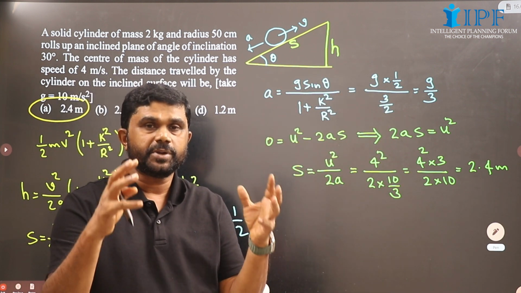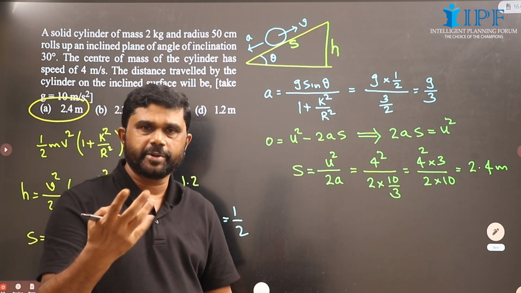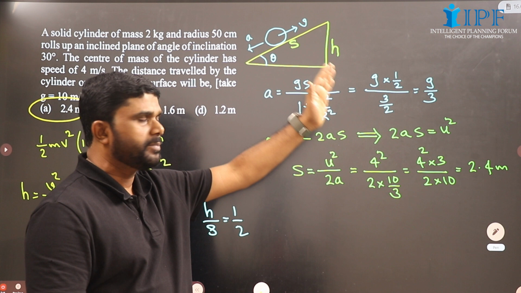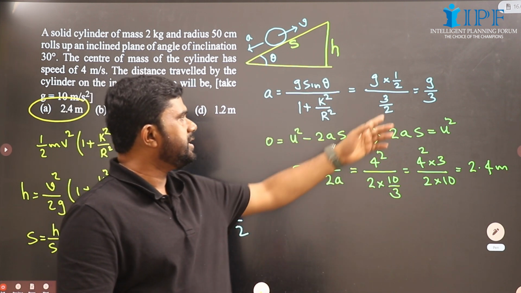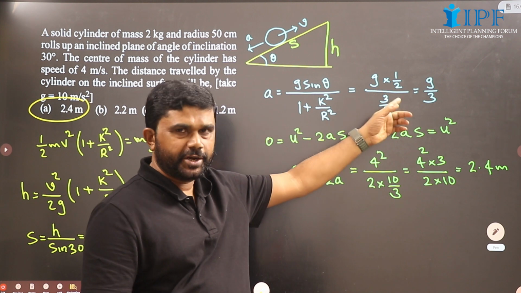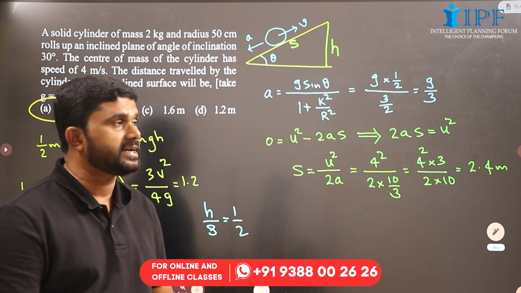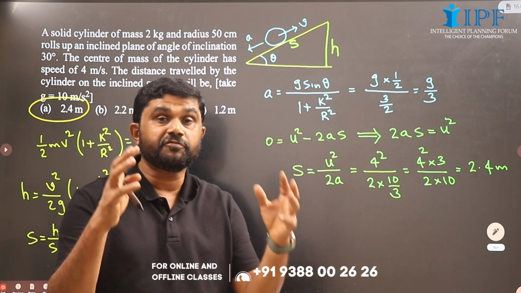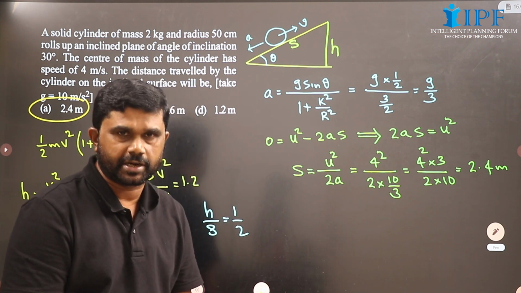As the body is a solid cylinder, k square by r square is 1 by 2. So in the denominator we will have 1 plus 1 by 2, that is 3 by 2. In the numerator there is 1 by 2, in the denominator also there is 1 by 2. So 1 by 2 can be cancelled, and what remains? It is g by 3. That is the uniform retardation the body experiences as it rolls up the incline.